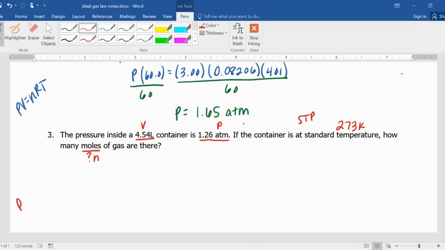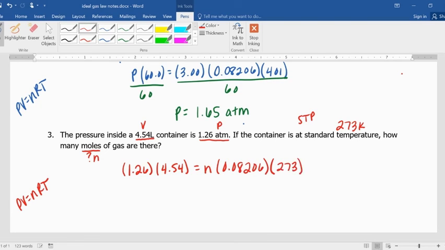So once again, we've got PV equals nRT. This time we're going to solve for our n. So we have 1.26 times 4.54. We're looking for n. Our R is always that 0.08206. And our temperature this time is 273.